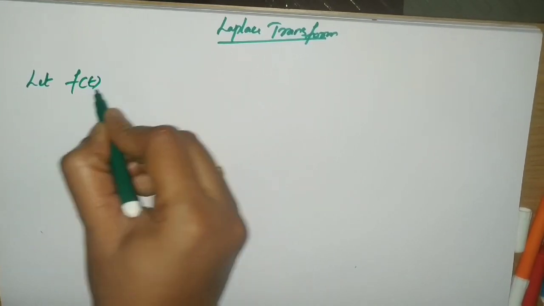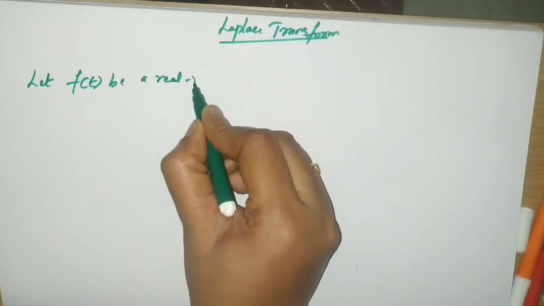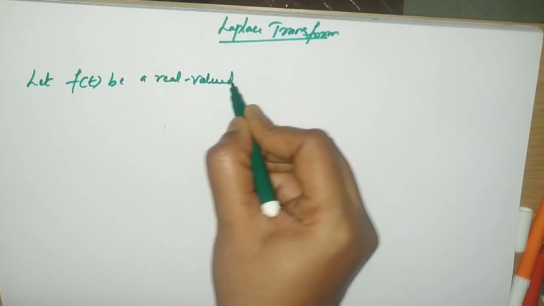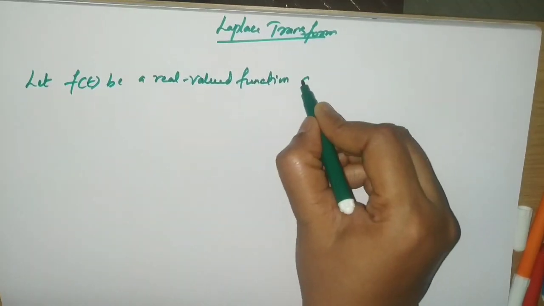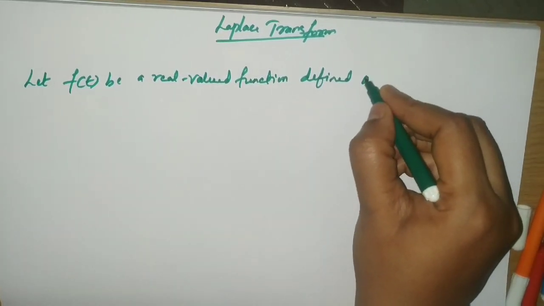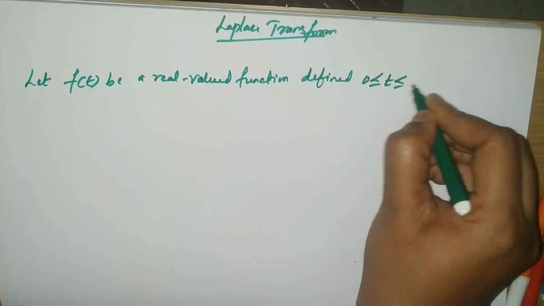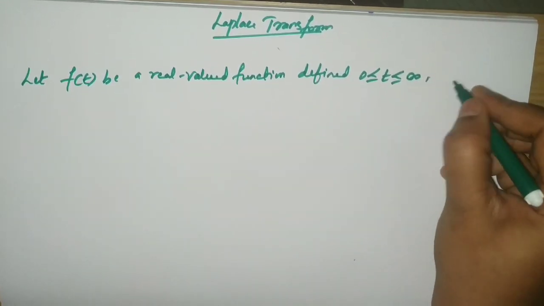f of t be a real valued function defined over the period 0 less than or equal to t less than or equal to infinity. Okay.